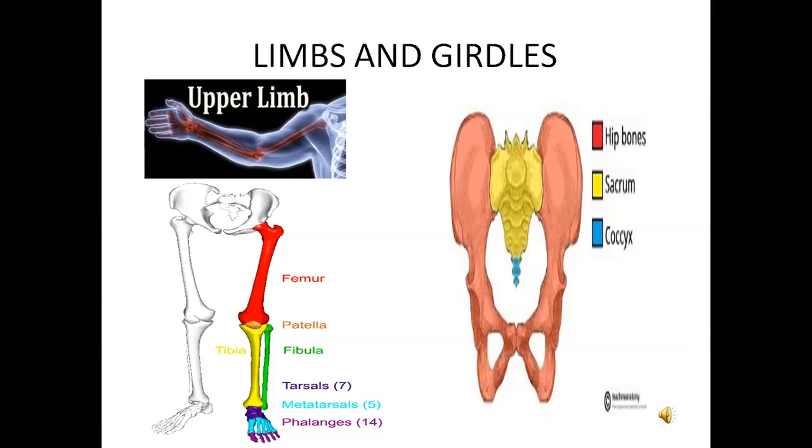The forelimbs and hind limbs are attached to the axial skeleton with the help of pectoral and pelvic girdles respectively. From these pictures, the first picture shows the upper limb and the second picture shows the lower limb. Next, this picture shows the girdles. Hip bones: the red color is hip bones, green color is sacrum and blue color is coccyx. So these are the limbs and girdles.